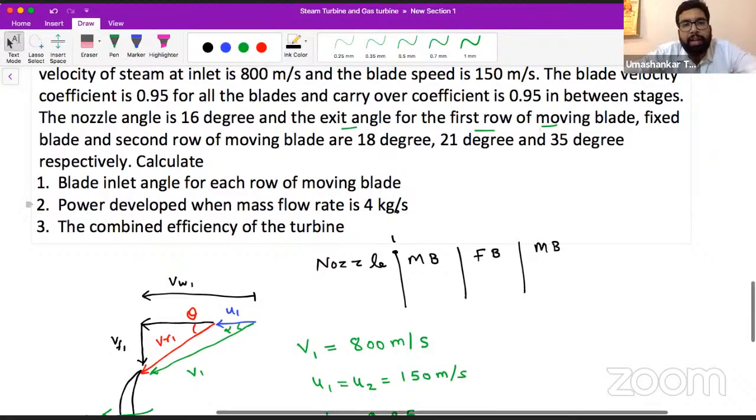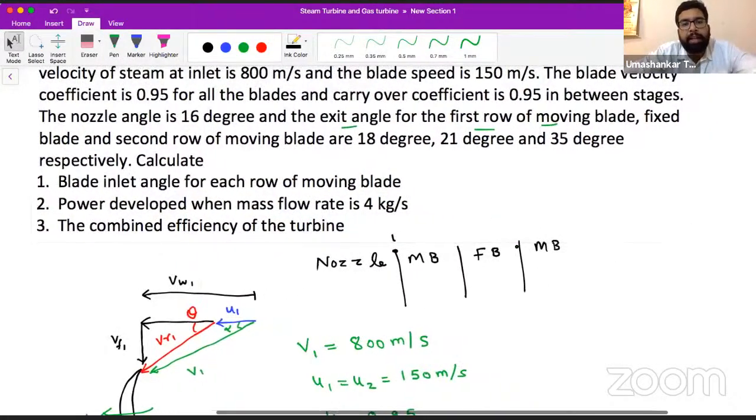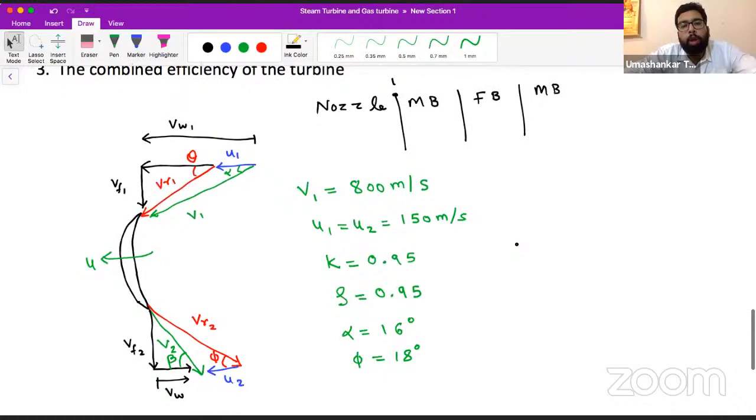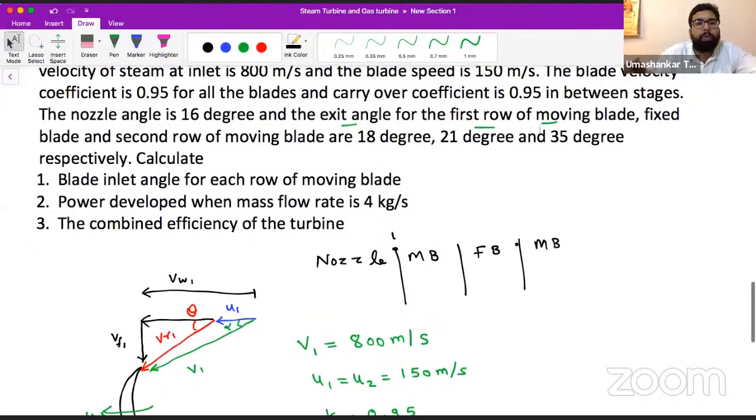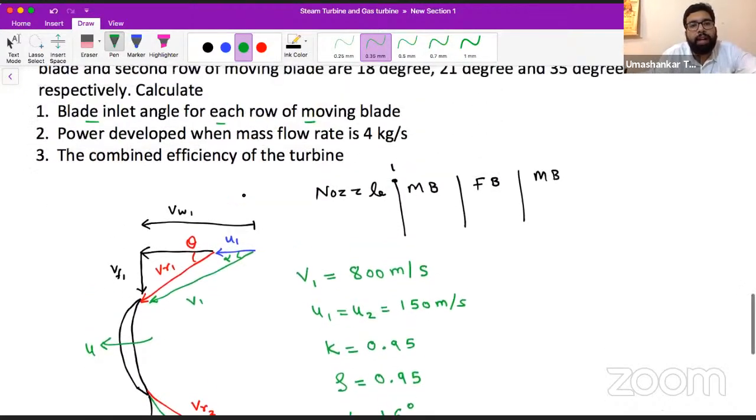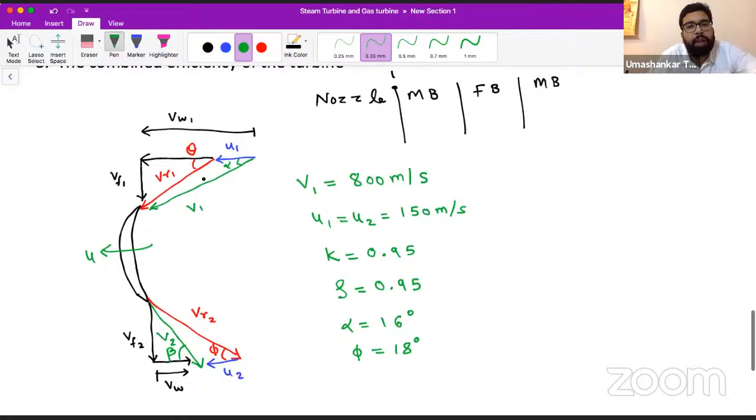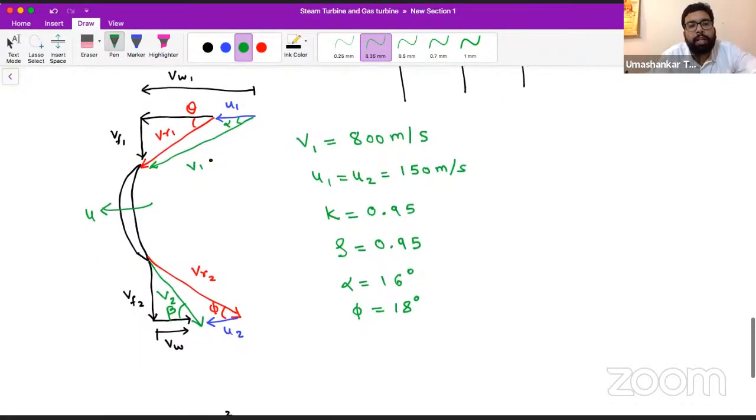This is all the data given, and what we have to calculate is the blade inlet angle of each row of moving blade. So in the first part, we are required to find the value of theta.